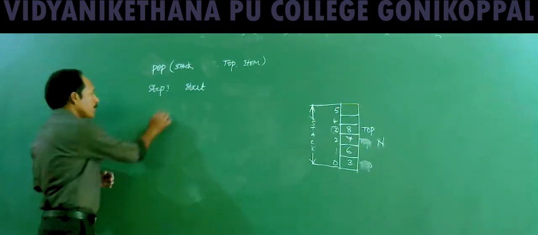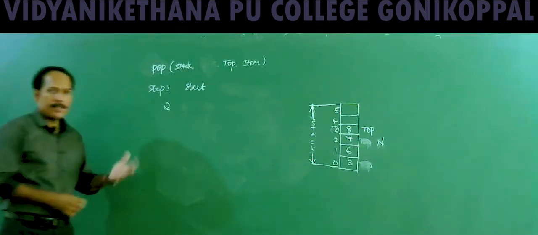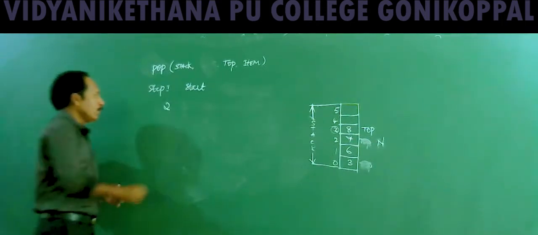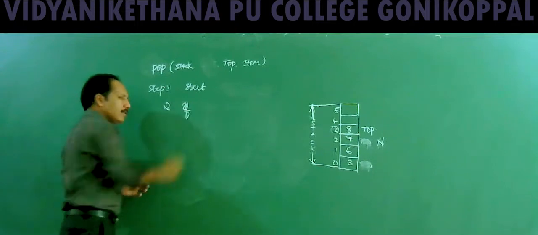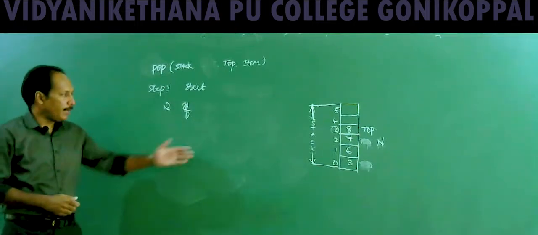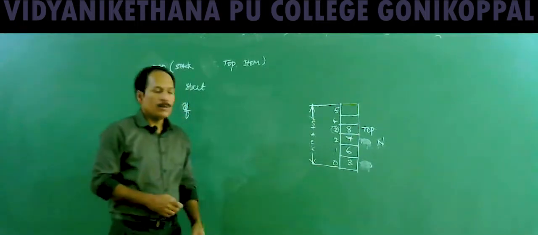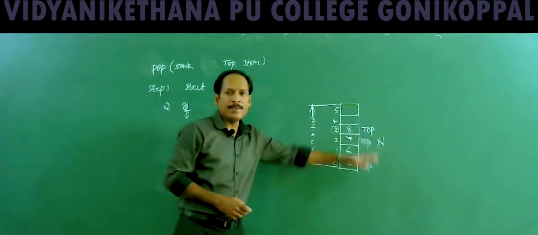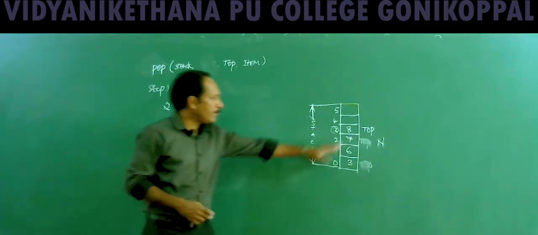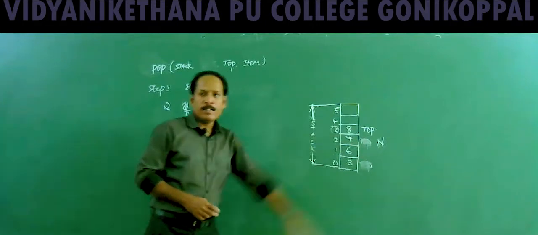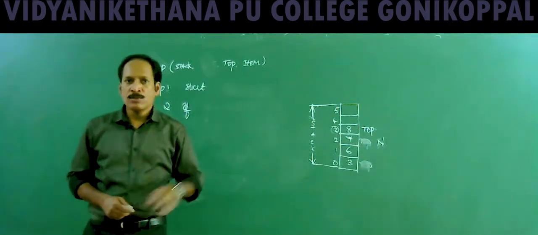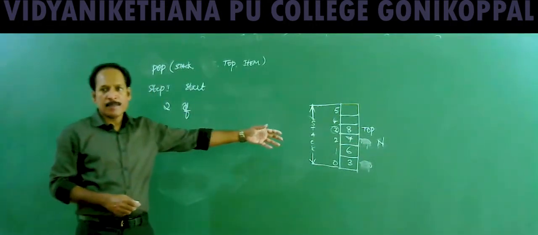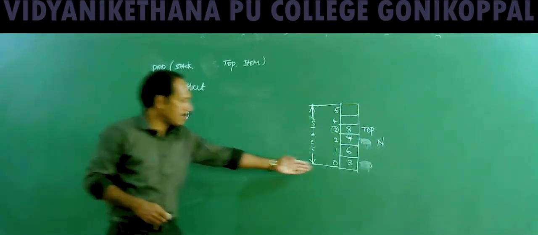Now, how do you check whether the stack is empty? It's very simple, because everything is operated with the array named stack with the help of top. Top is like a subscript. If it is a positive number, greater than or equal to 0, it is pointing to some element, some place like 0, 1, 2, 3.